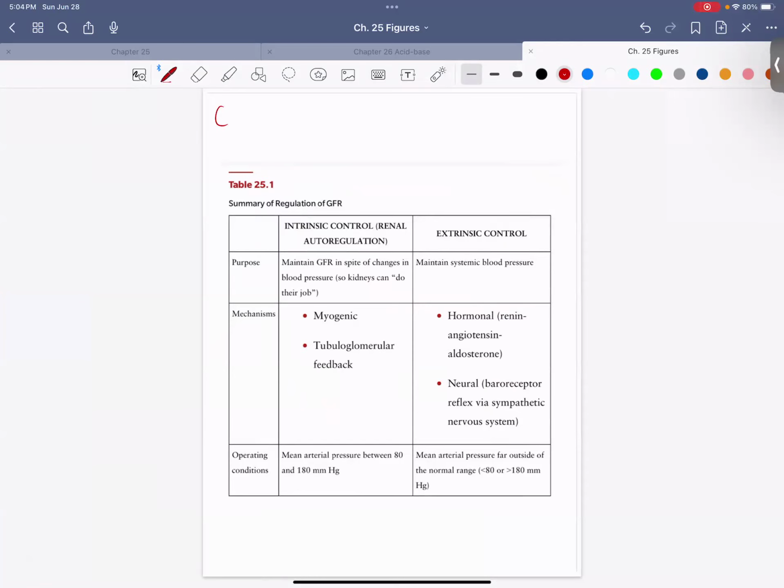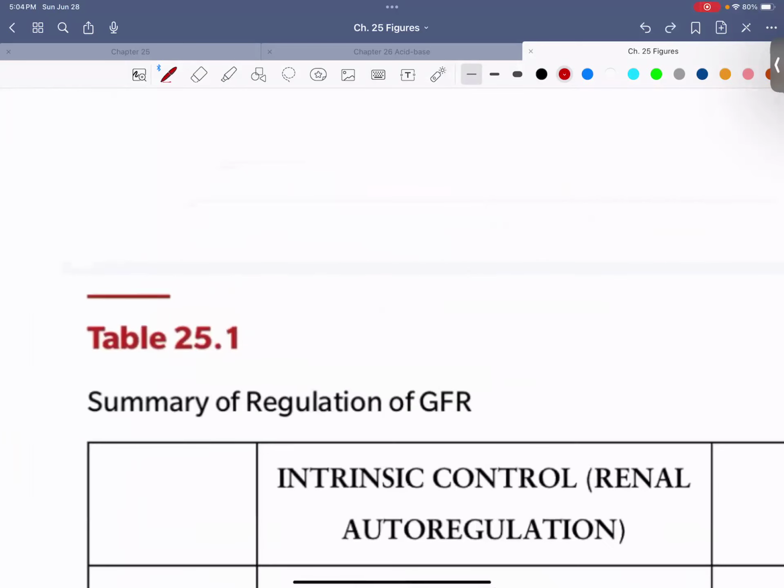The glomerular filtration rate is just what it sounds like. It's the rate at which filtrate is formed in the glomerulus. It's abbreviated GFR.